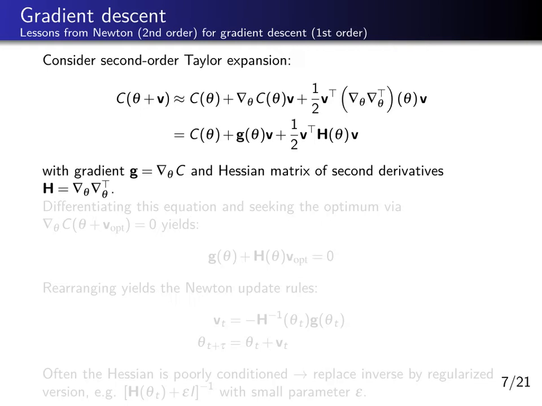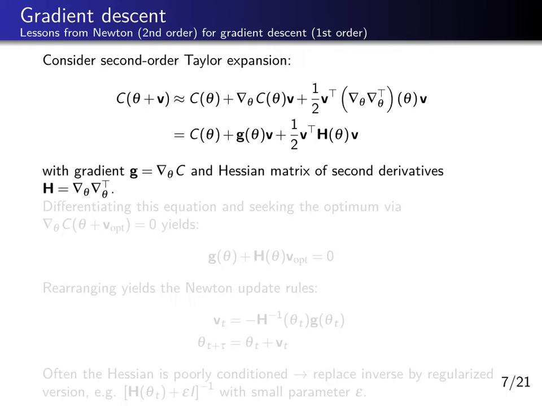So this is basically a model of our true loss function C. This is an approximation to the loss function C, which is valid close to the parameter vector theta, so if we don't go too far away from it, and it's the best approximation we can get by using derivatives up to the second derivative. Now we assume this model is exact.